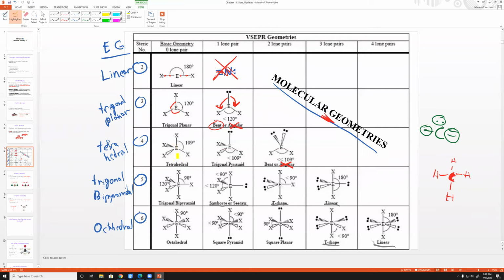Then, looking to the right, trigonal pyramidal, or trigonal pyramid. If you take away one of the bonded electron groups and replace it with a non-bonding lone pair, you get repulsion.